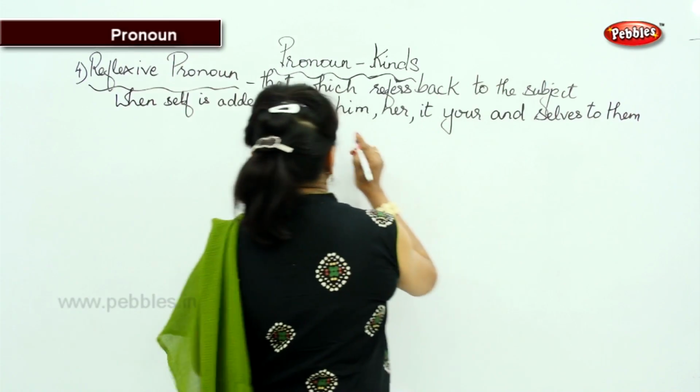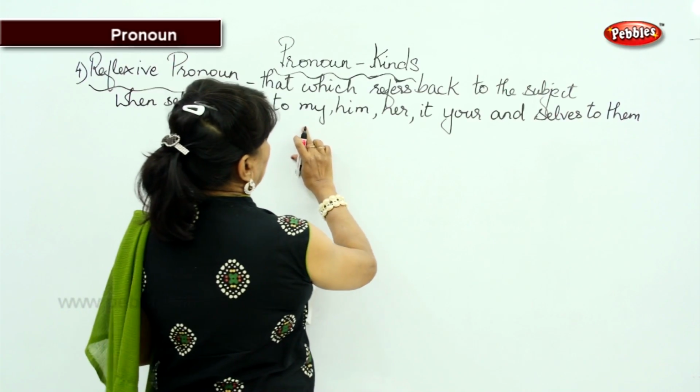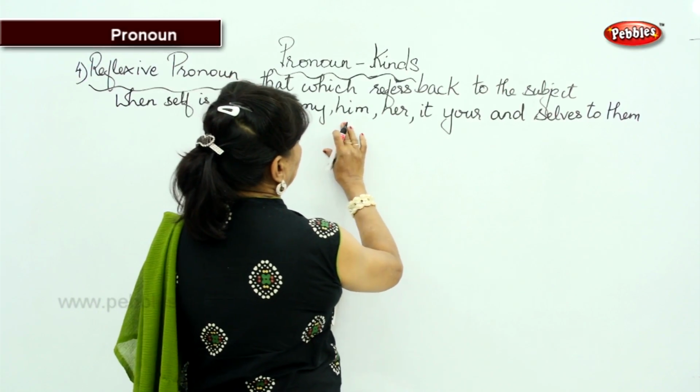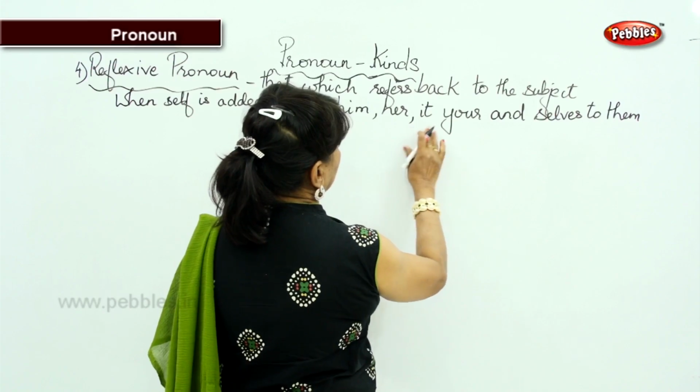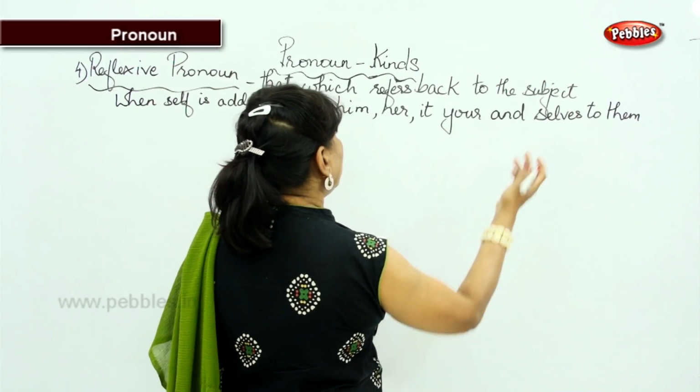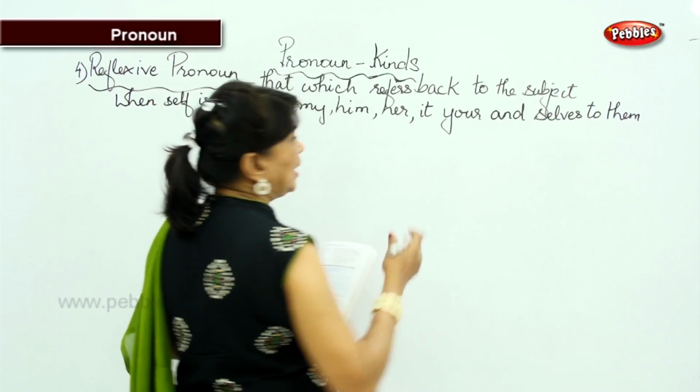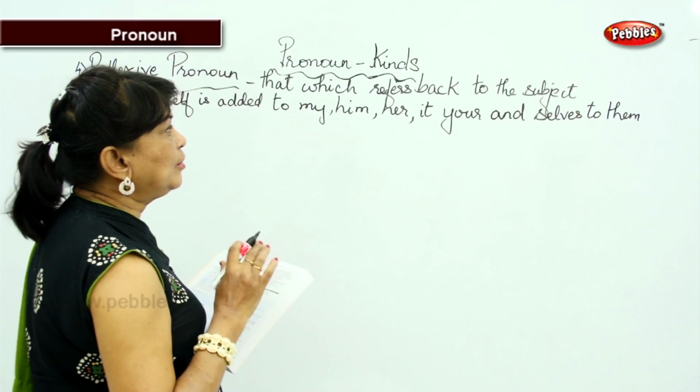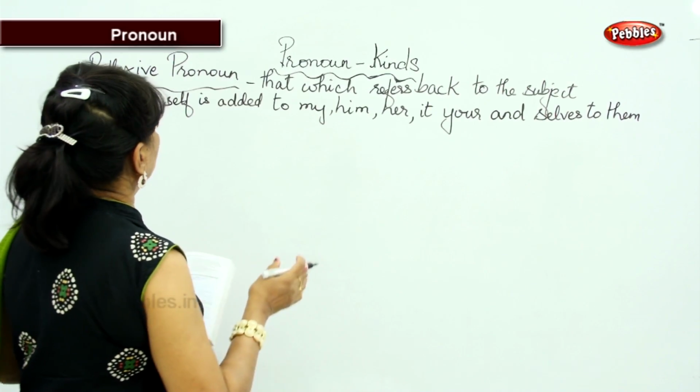Okay, these are all singular. Me, my, he, him, she, her, it, you. And your, this your and your alone can stand both for singular and plural.